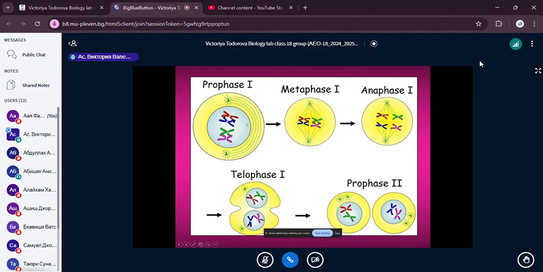We continue with metaphase 1, and in metaphase 1, the chromosomes take their position in a typical metaphase plate, here in the equatorial plate of the cell.